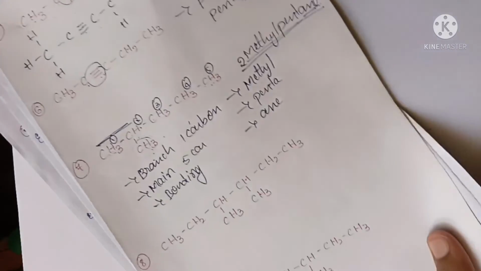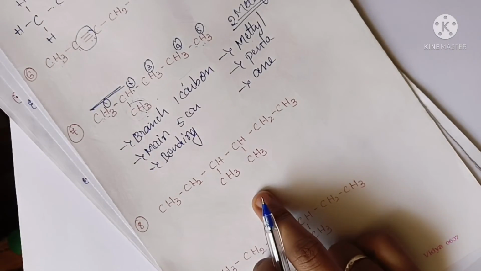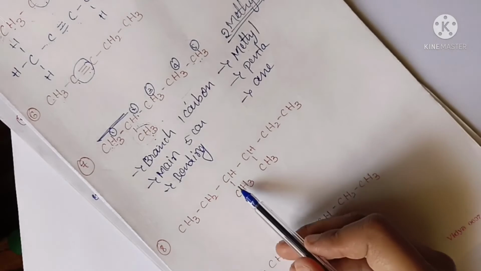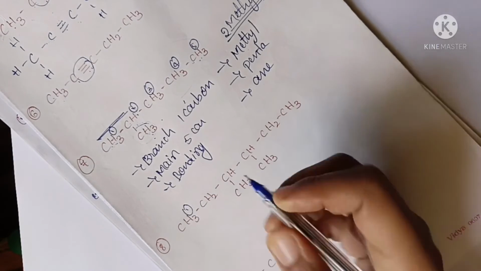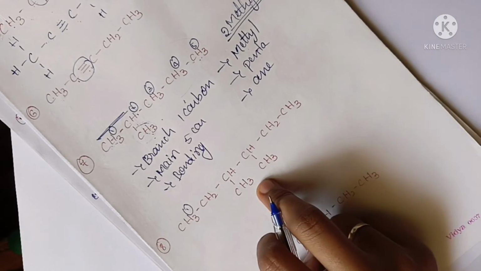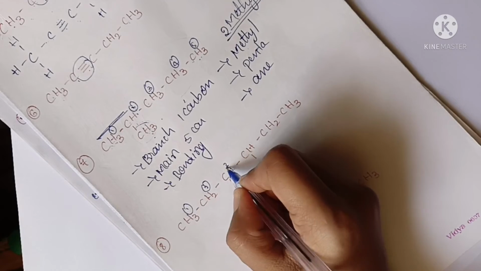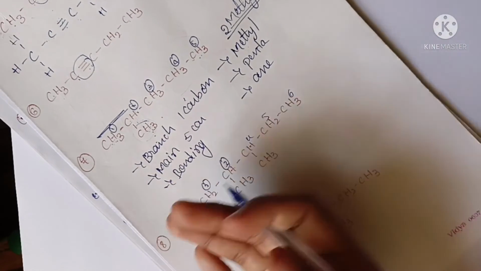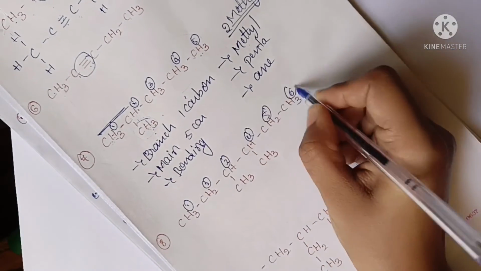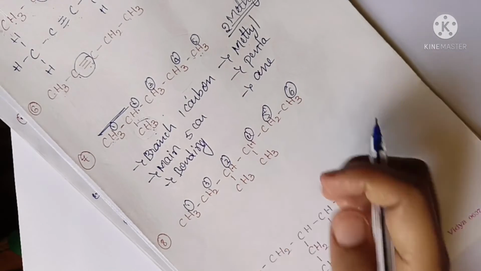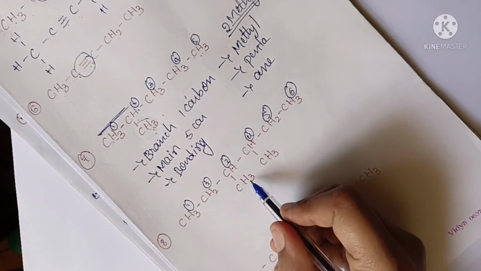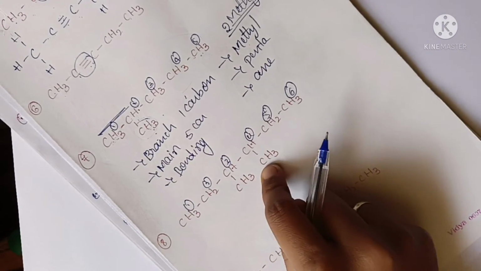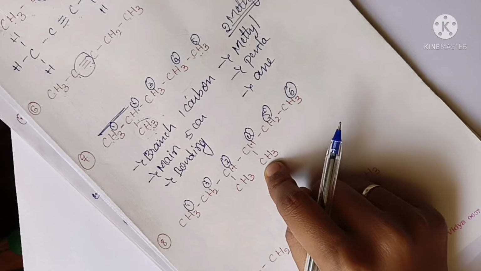And the next one, this one. First you have to number so that the branches get the lowest numbers: 1, 2, 3, 4, 5, 6. If you number from the other side, you get the same thing, because the branches are in the middle. Next we identify the branches. How many carbons in each? One, single.